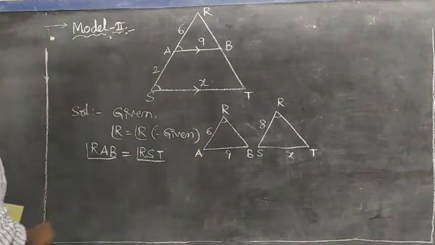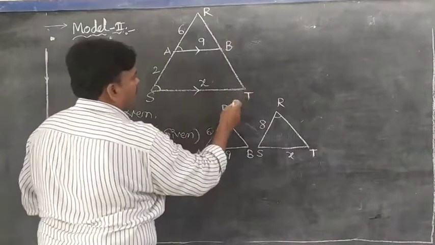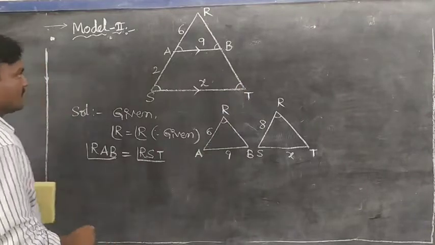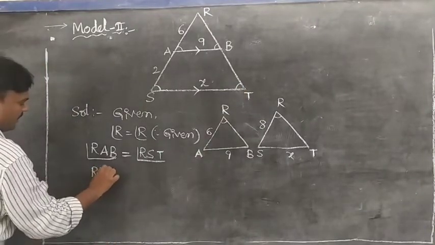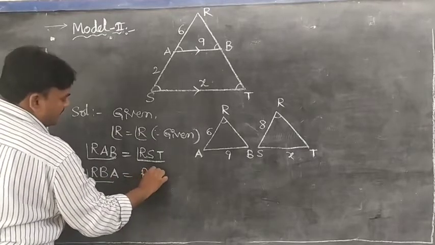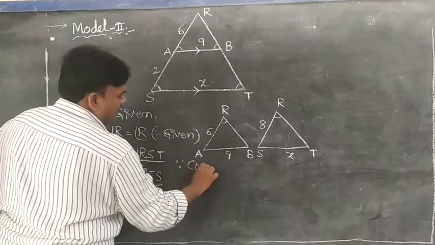And next one. Left side is completed; coming to the right side. Here also both angles are corresponding angles. So angle RBA equal to angle RTS, since corresponding angles are equal.